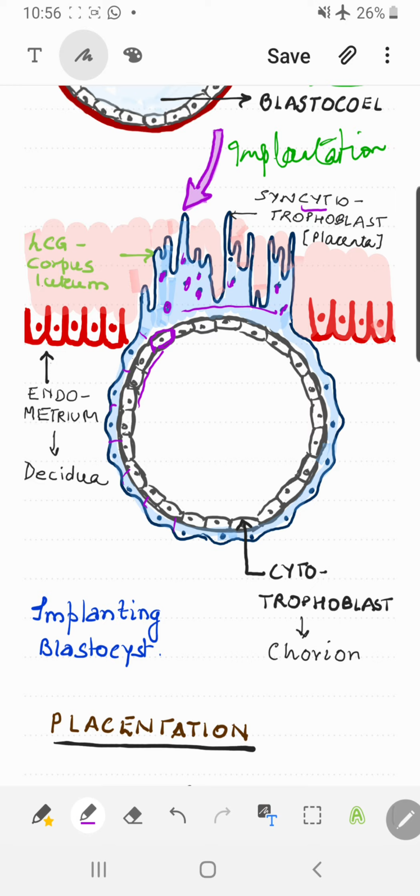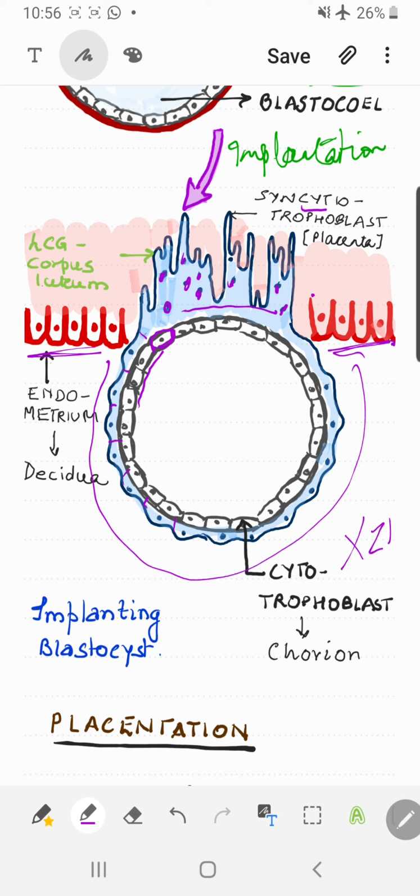So again, a recap: during settlement on the endometrial wall, take these cells as endometrial cells, and the blastocyst is going to settle over. But the first thing that occurs is the removal of the zona pellucida. It has to go off, and after that the trophoblastic layer has to divide into two.